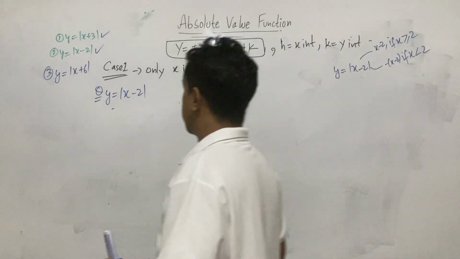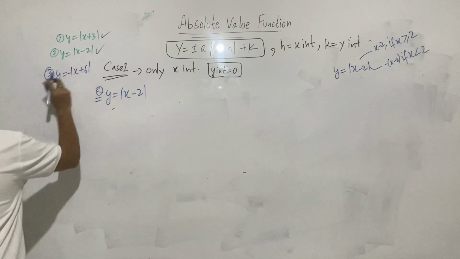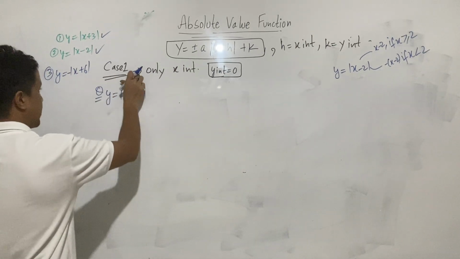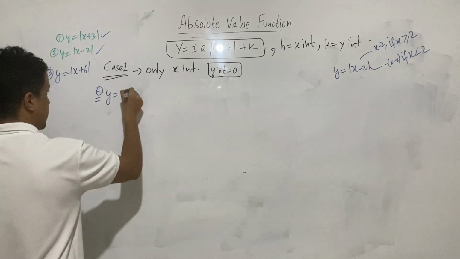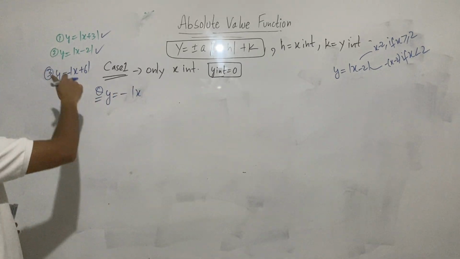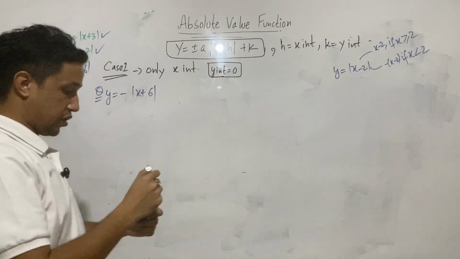So here it's going to be y equals negative of the absolute value function of x plus 6. We have to do it.